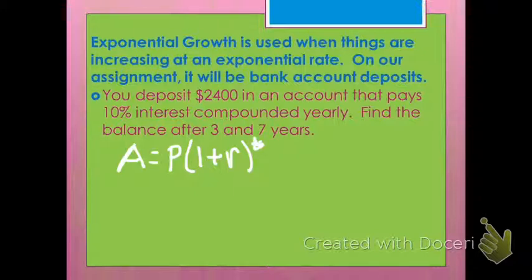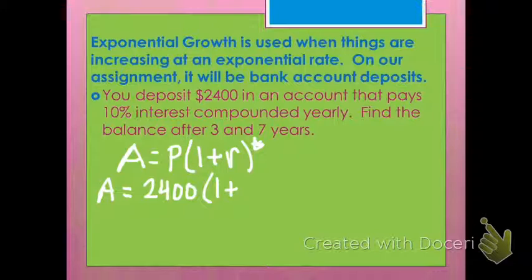Okay, so what do we know? Well, we know that we are looking for the balance, so we don't know the ending number. We do know that we began with $2,400. We do know that our rate is 10%.